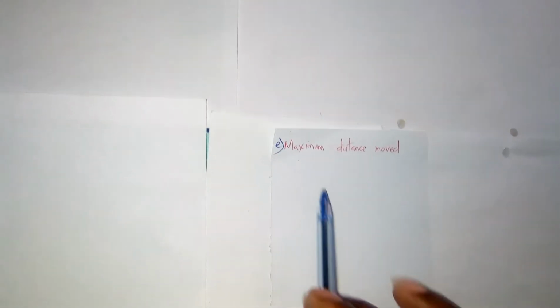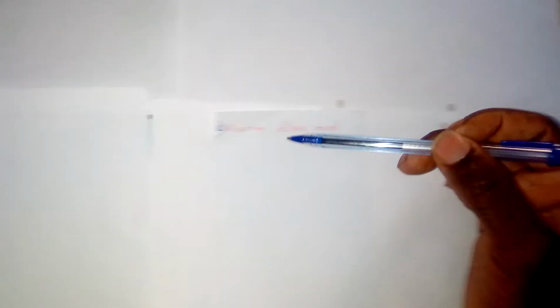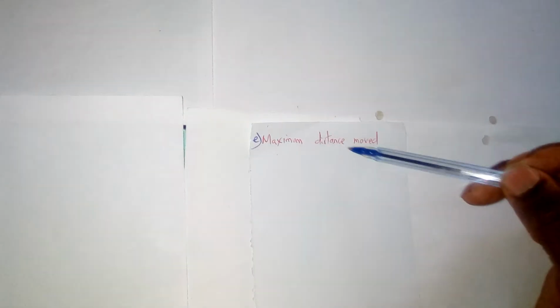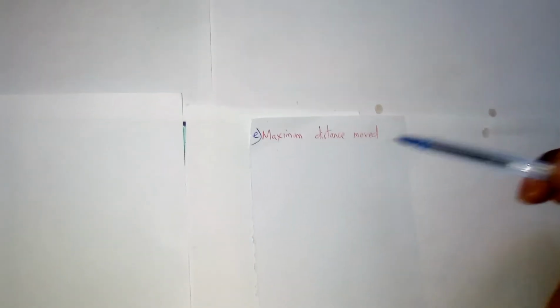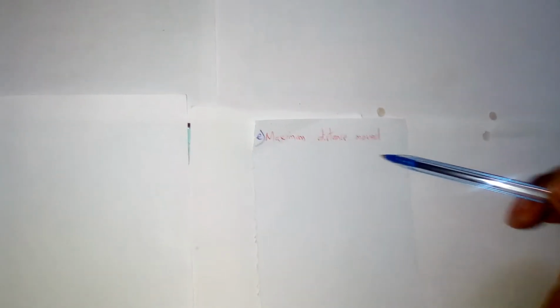So that is the solution there. Remember, that is question D. Now let us look at question E, so that we can see how to solve it. In question E, we've been told to get the maximum distance moved. Remember, note that for maximum distance we shall concentrate on the times when the body was at rest.